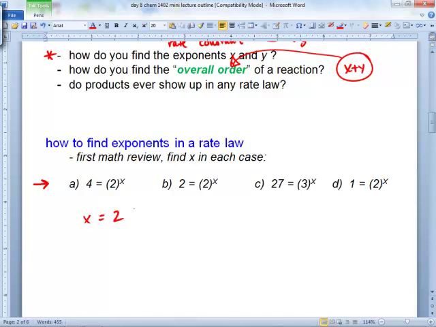Right? 2 squared is 4. Good. How about Vanessa? The next one. That X has to be what? 2 raised to the what power will give you 2 again? 1. Anything raised to the 1 power just gives you itself.